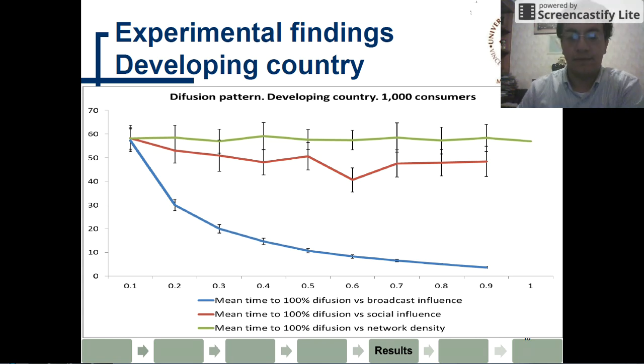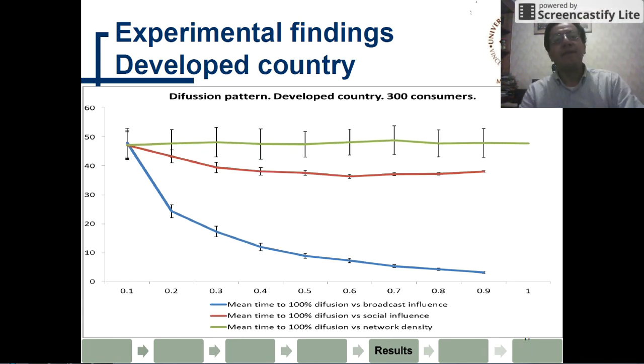In the developed country, you can see a similar pattern as the one we saw in the developing country. The main difference lies in the fact that for a developed country, only 300 consumers were modeled, which contrasts with the developing country in which I modeled 1,000.